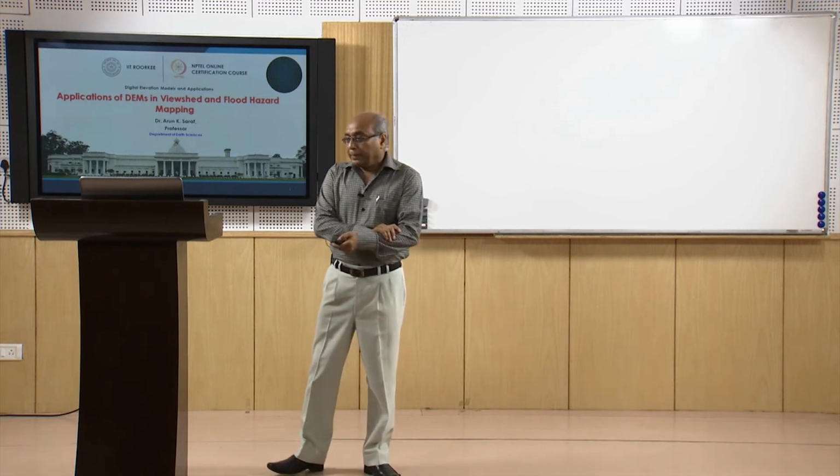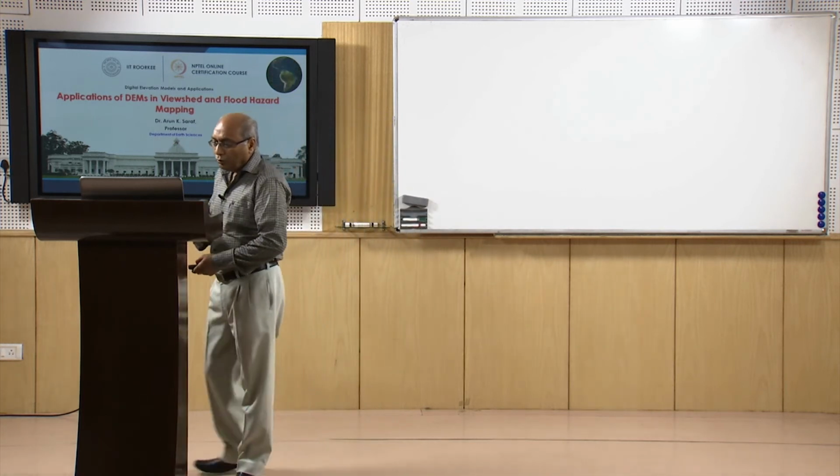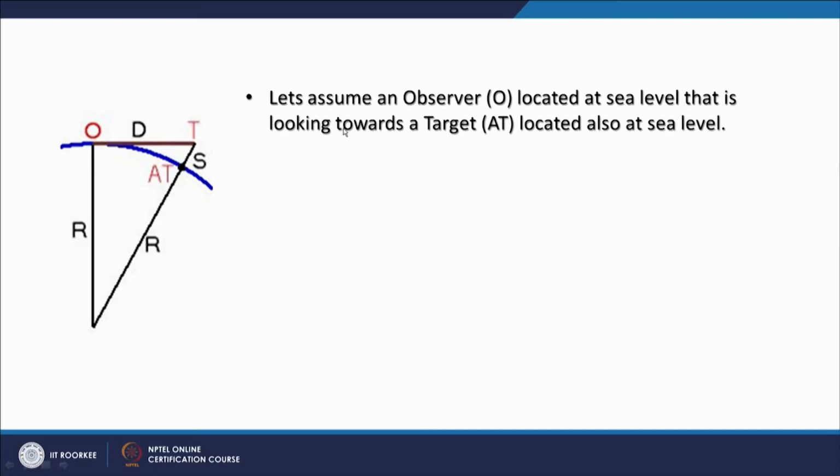Now, these corrections play a very important role, as we can see here. Let's assume that an observer O is located at sea level, looking towards the target AT, located again at sea level.